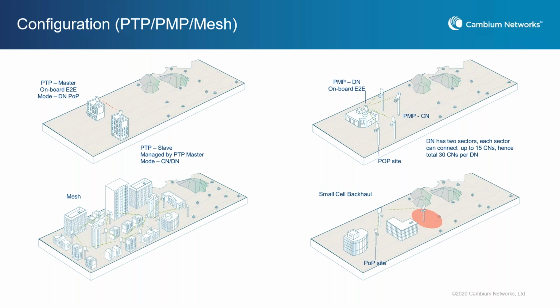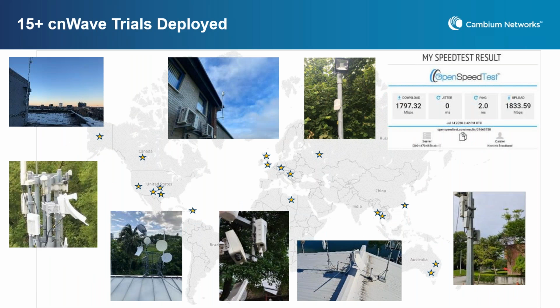For the 5G network, people need over a gig capacity, or 500 meg minimum. With 60 gigahertz, we can do point-to-few-point or a dedicated point-to-point link to provide gigabit connectivity for small cell backhaul.